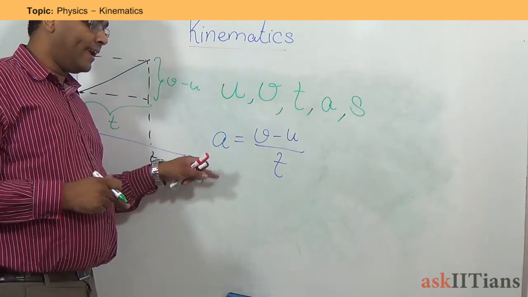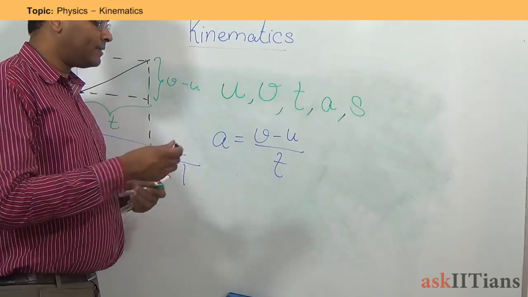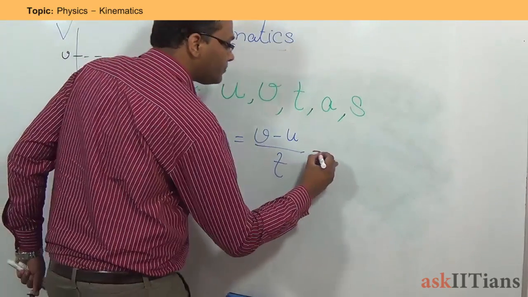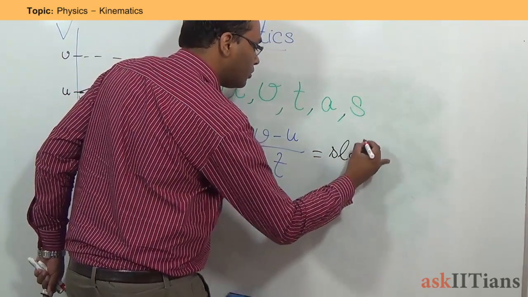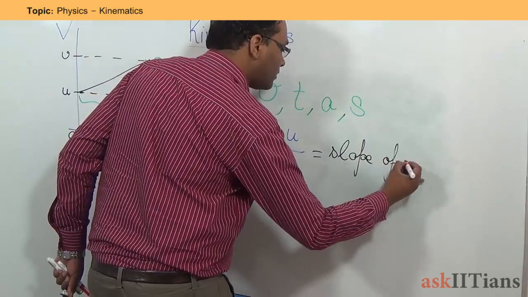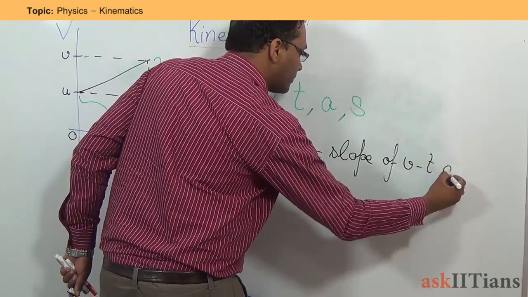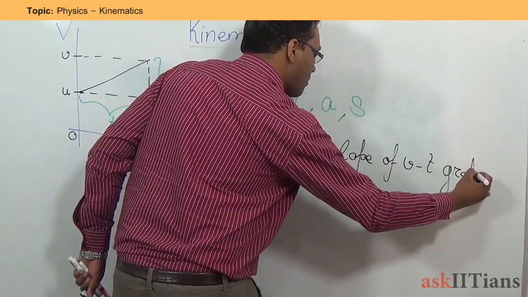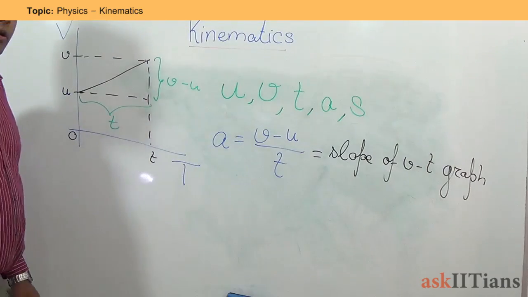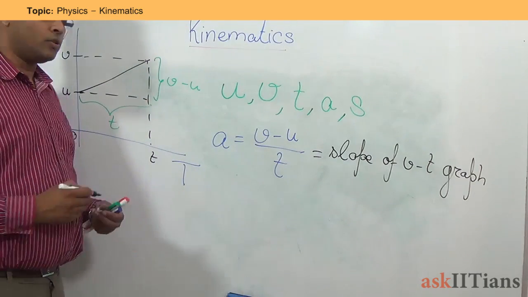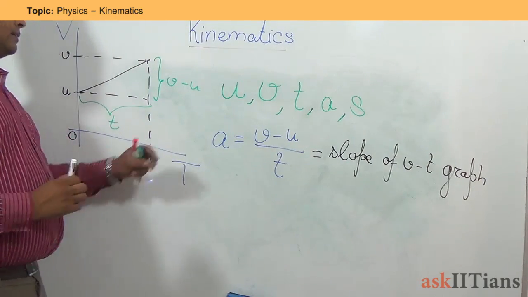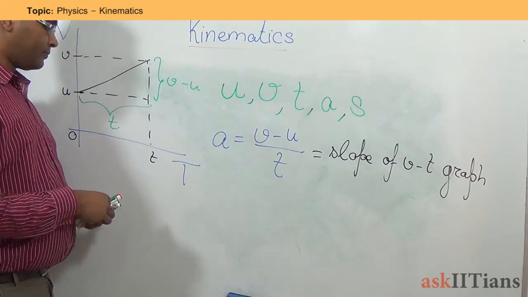So acceleration a is nothing but the slope of the vt graph. This is the value of the acceleration that we have.